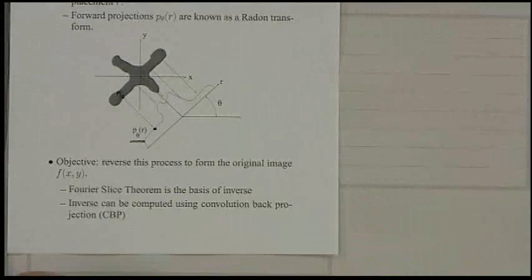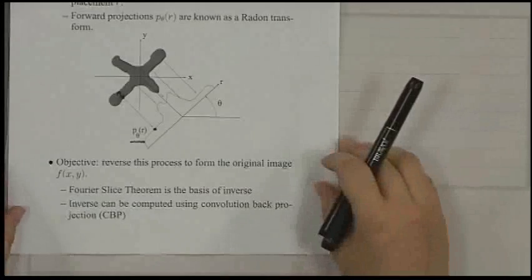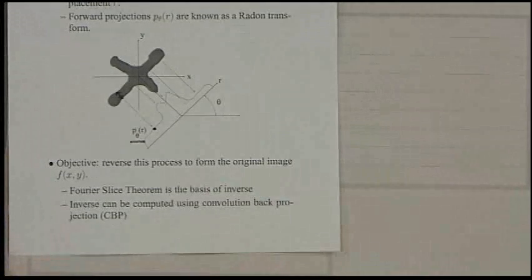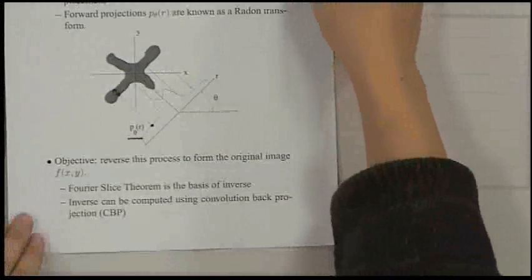And then first, we want to introduce a theorem, which is called the Fourier slice theorem. But before I introduce the Fourier slice theorem, I want to introduce some backgrounds first. Okay.